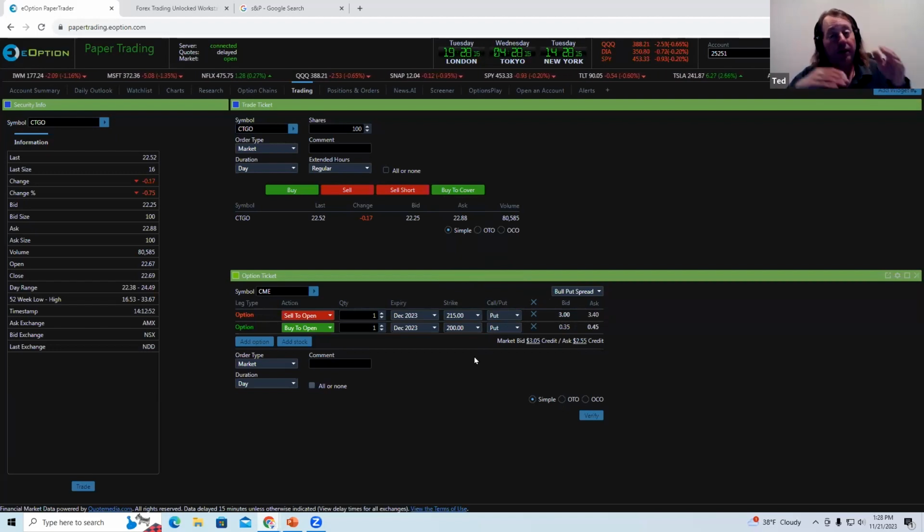So no matter what, if the market falls out of bed, our only risk is the credit minus the difference of that $5. So between 215 and 200 is $500, and our credit is going to be somewhere between 250 and 300. So the worst that you can lose is 250 to 300 if the market was to totally collapse on you.